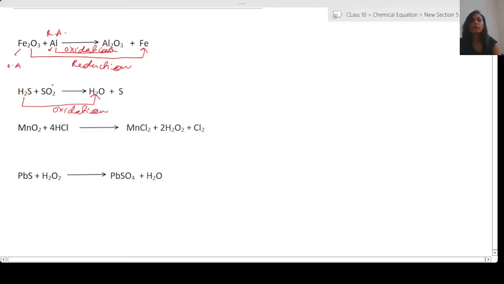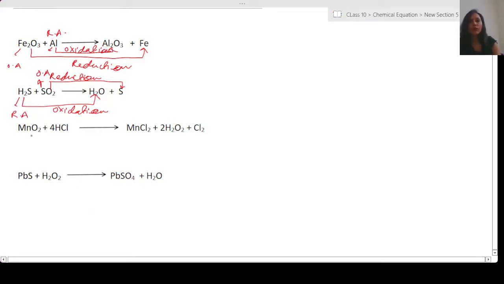And SO2 is changing to S, that is, there is a loss of oxygen by SO2. So loss of oxygen means it is a reduction reaction. So SO2 will become the oxidizing agent, H2S will become the reducing agent.